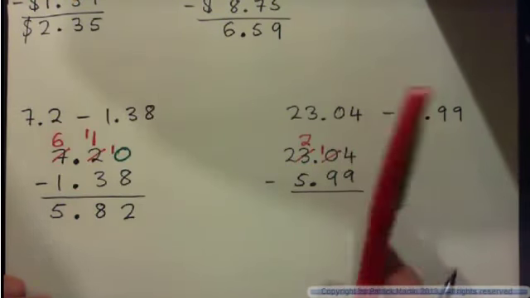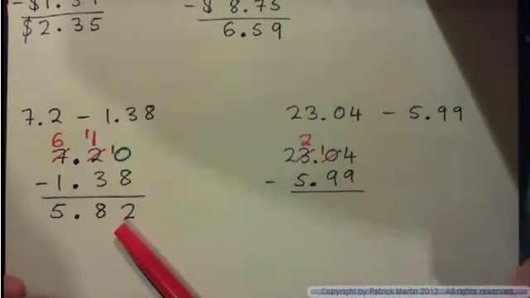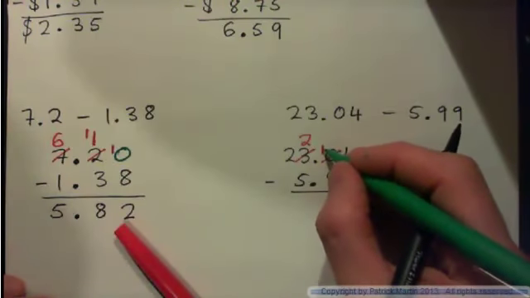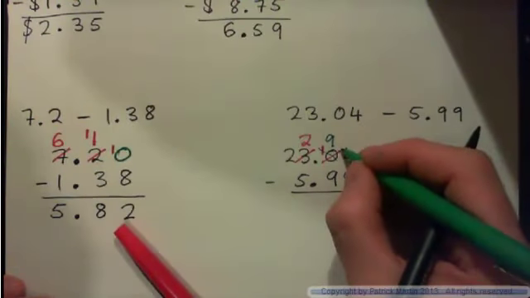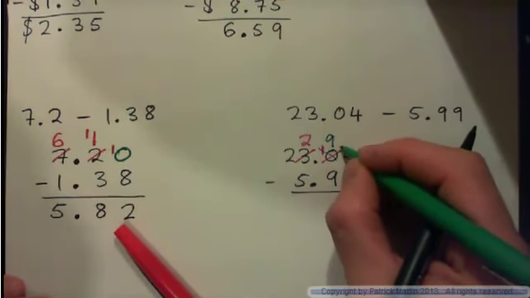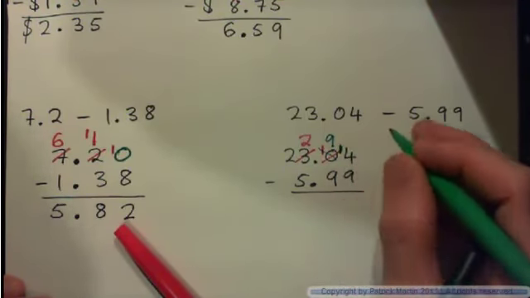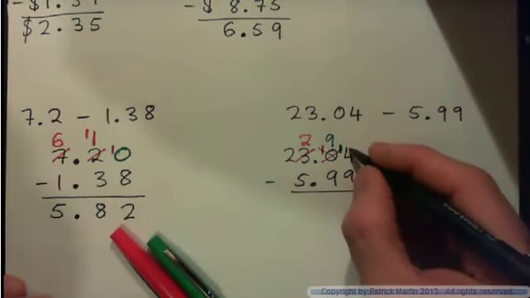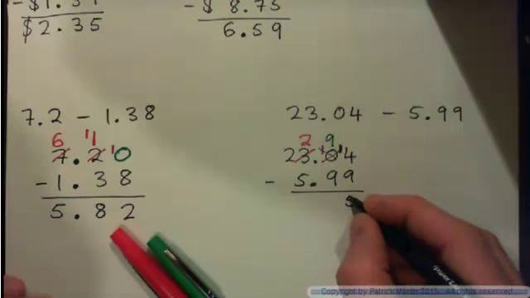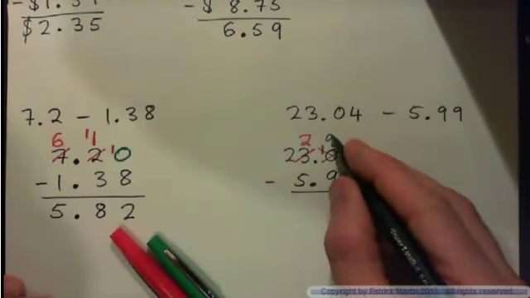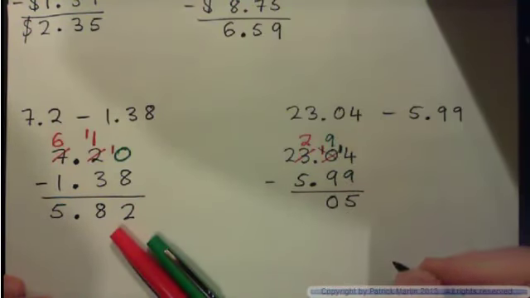And now this 10, that's going to become a 9, right? Because you got to bring a 1 from here again to come over to here to make this 14, right? So 14 subtract 9 is 5, and then we have 9 subtract 9 is 0, right?